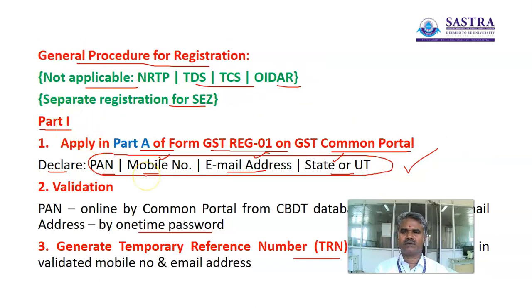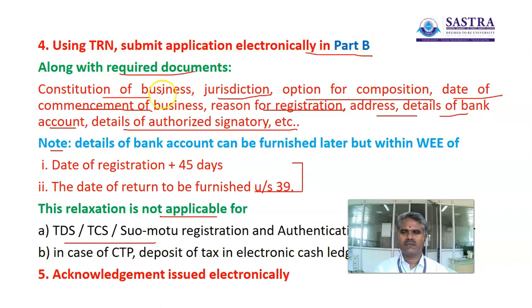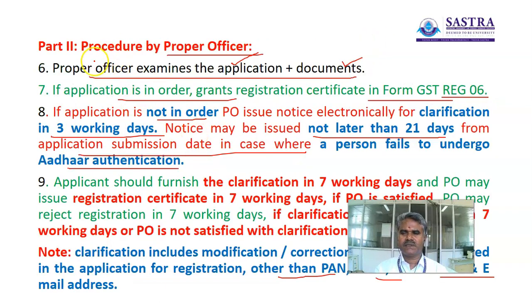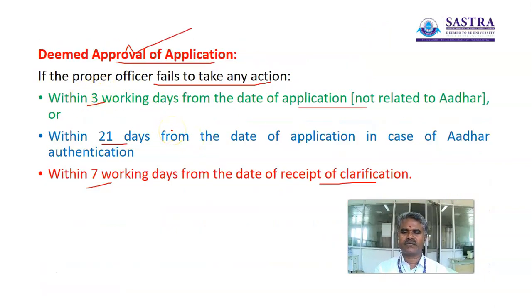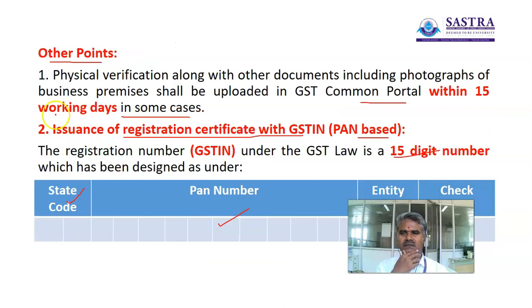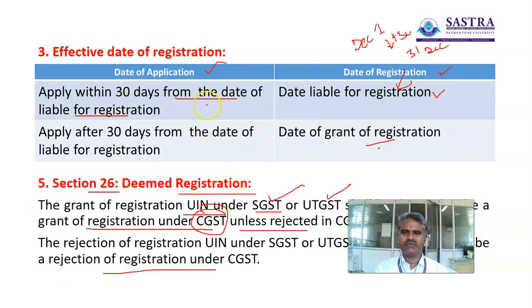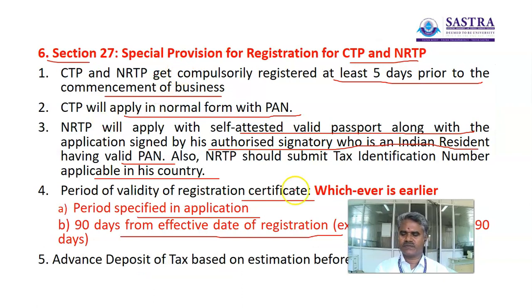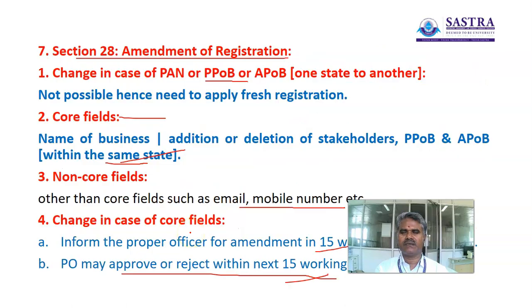Part 1 we discussed, and in Part 2, procedure by proper officer, deemed approval of application, Aadhaar authentication for new applicant and existing registered person, then issuance of registration certificate, effective date of registration, Section 26 deemed registration, Section 27 special provisions for registration for CPP and NRTP, Section 28 amendment of registration.